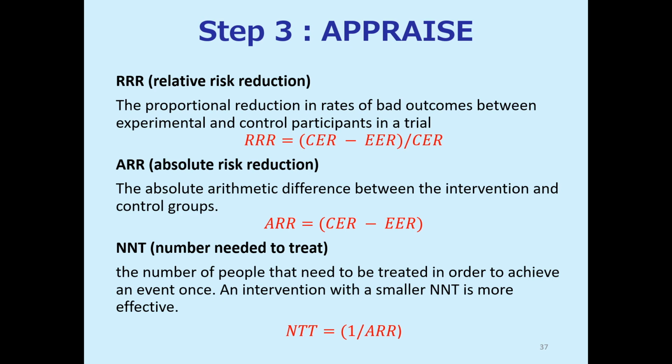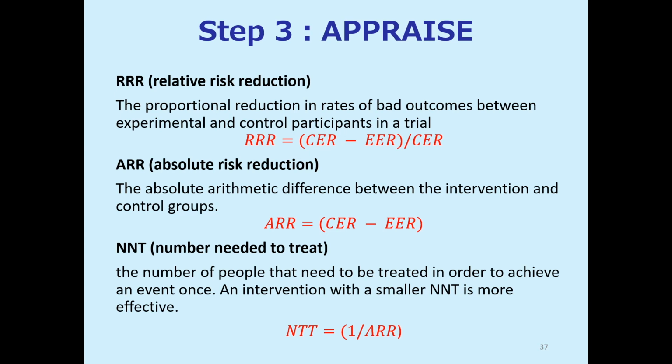To calculate the treatment effect, we need to calculate the relative risk reduction, absolute risk reduction, and number needed to treat. So the relative risk reduction is the proportional reduction in rates of bad outcomes between experimental and the control participants in a trial.